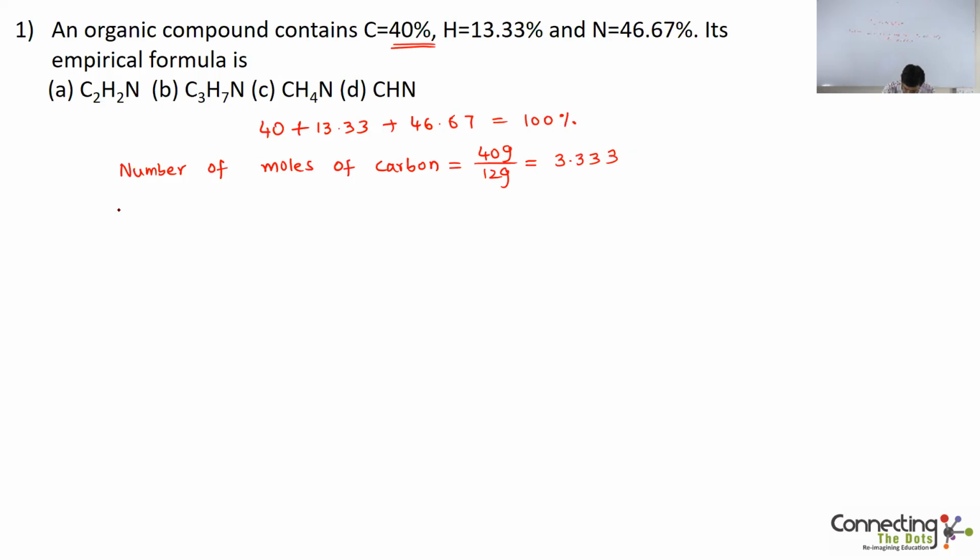And if you calculate the number of moles of hydrogen, it is equal to 13.33 divided by the molar mass of hydrogen, which is 1. So you can take it as approximately 13.33. Then let us calculate the number of moles of nitrogen.